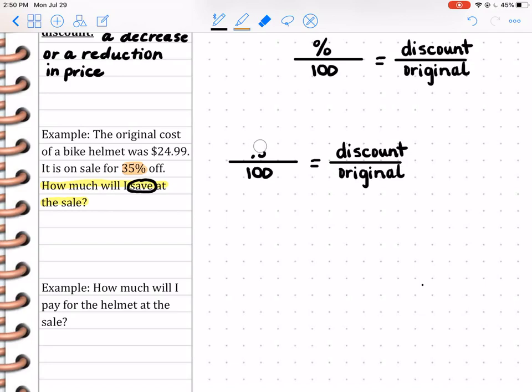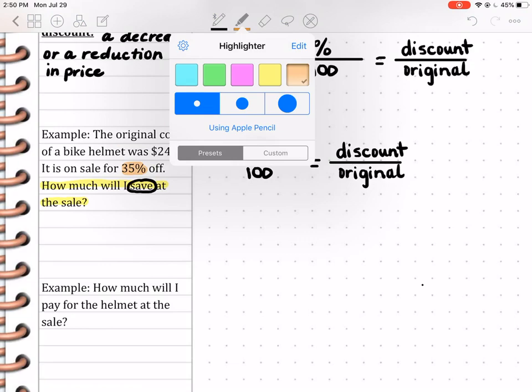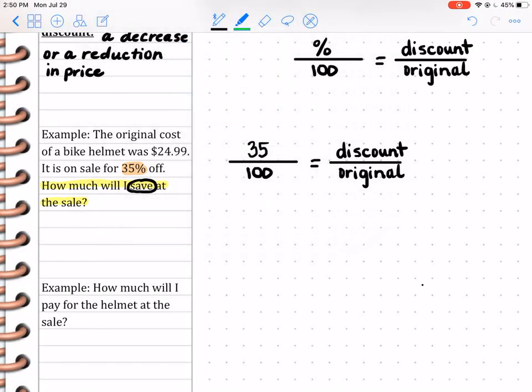So I'm going to erase the percent sign and put 35 there. 35% is 35 over 100. Then I have to figure out what this number is, and it tells me the original cost was $24.99. So that's going to go right here.